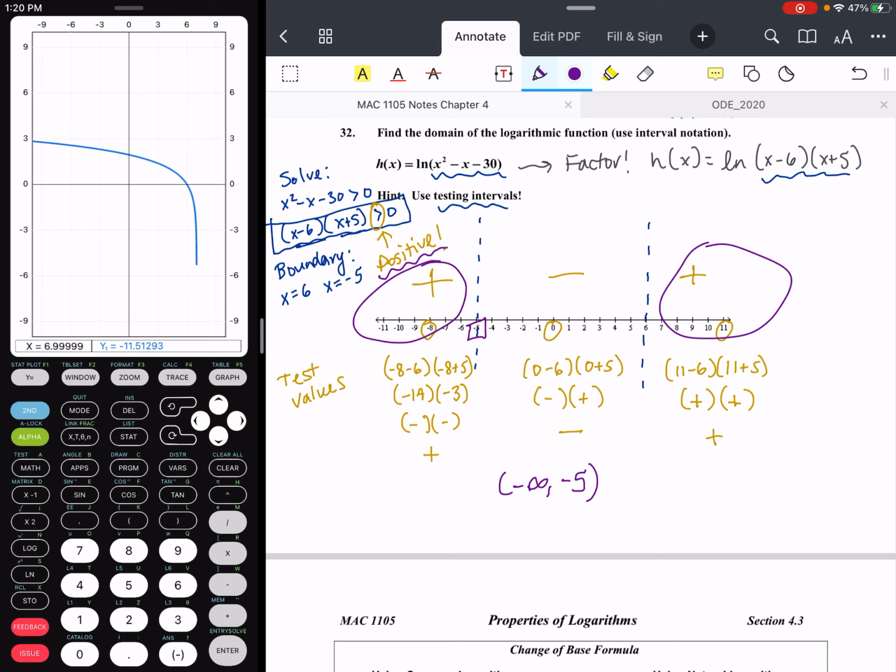The far right interval goes from 6 with the rounded parenthesis up to positive infinity. And I can connect these together with that union symbol. In your homework system, it might just ask for a comma or the word or something like that. But at any rate, our domain is the region from negative infinity to negative 5, and also the region from 6 to infinity.